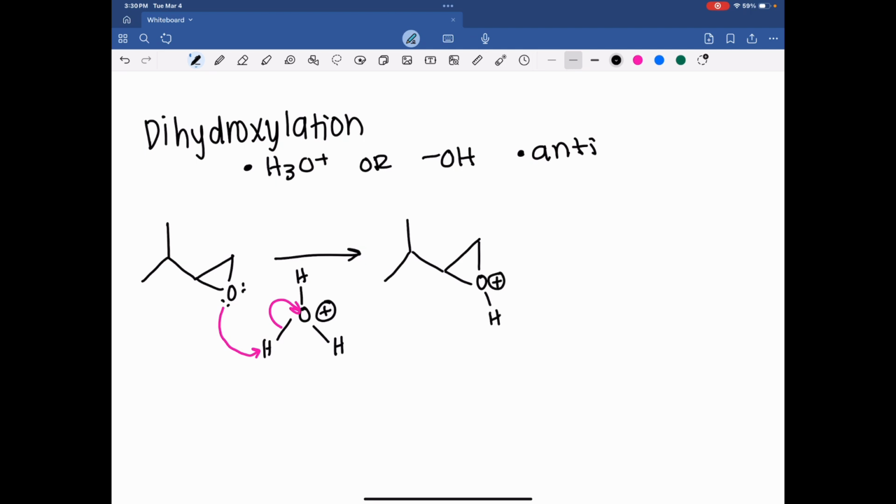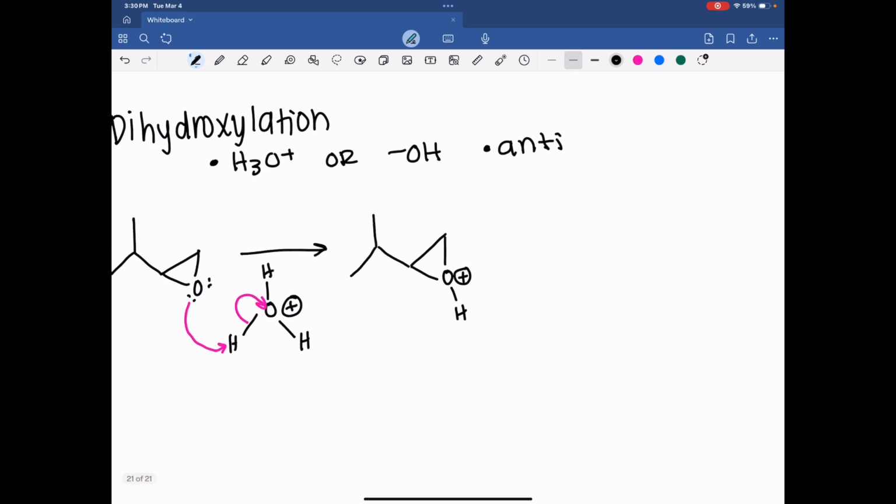And I get this. And then right in this first step, I created water. Okay, and then this water is just going to go over here and attack. Same thing with my other ones.